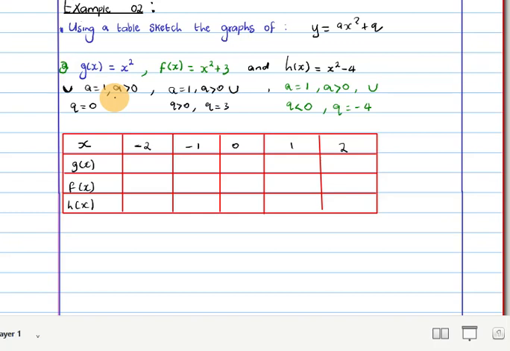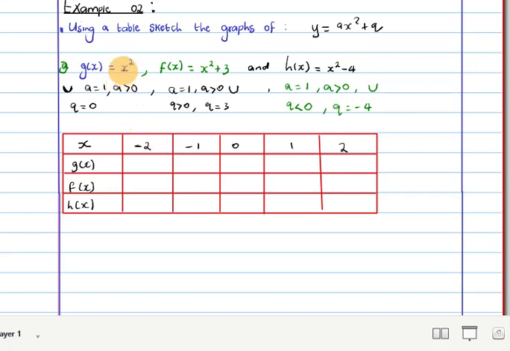So please always put brackets when you see x: open bracket, plug in that input, and then square it.